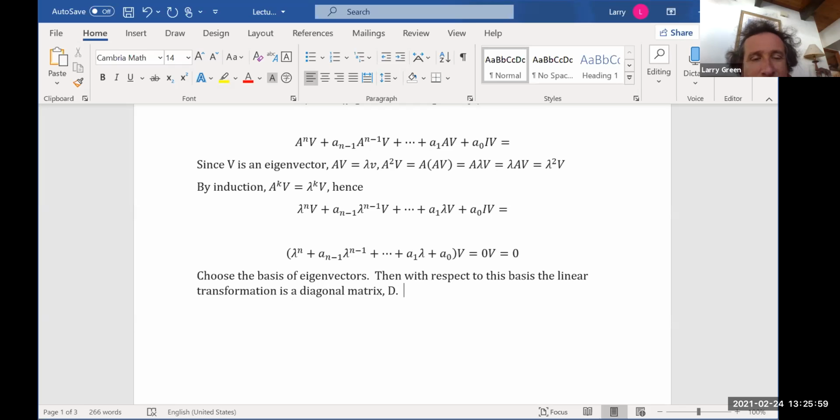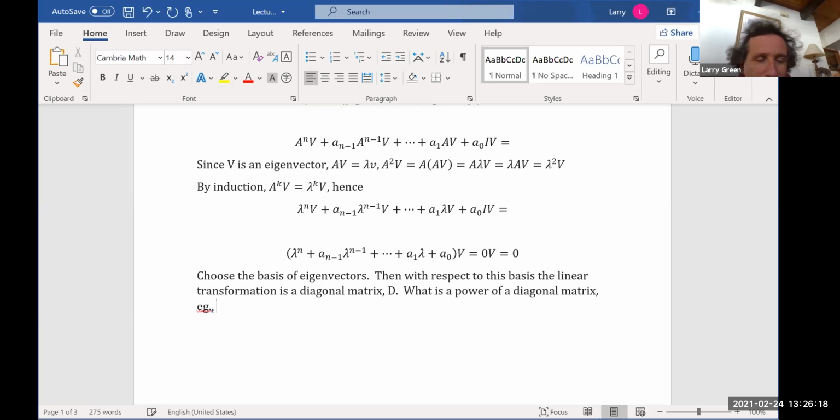Or we can think about what is the power of a diagonal matrix, and it's going to come up today, actually. What is a power of a diagonal matrix? So for example, I'm going to spend a little extra time on this because this is what we're talking about today.